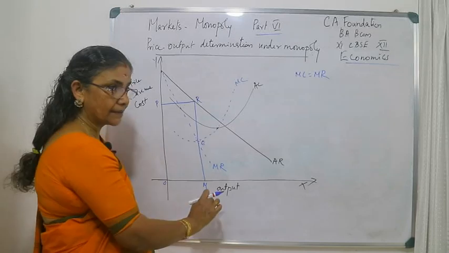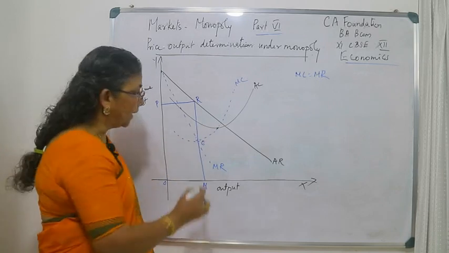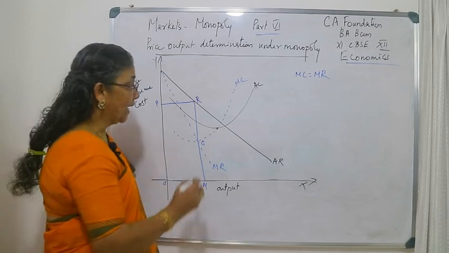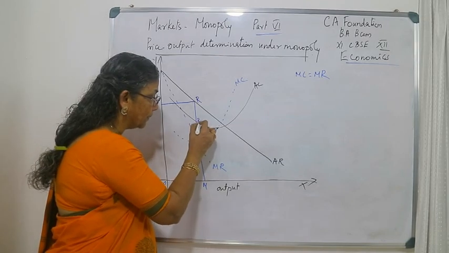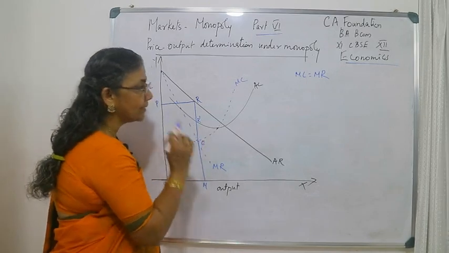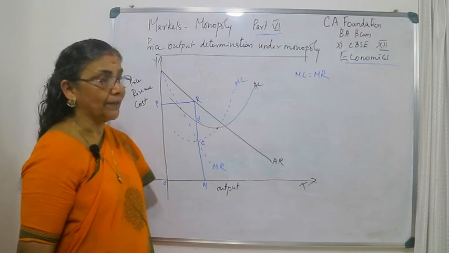The line crosses the average cost curve, and we can name that point R1. So MR1 is the average cost and MR is the average revenue.